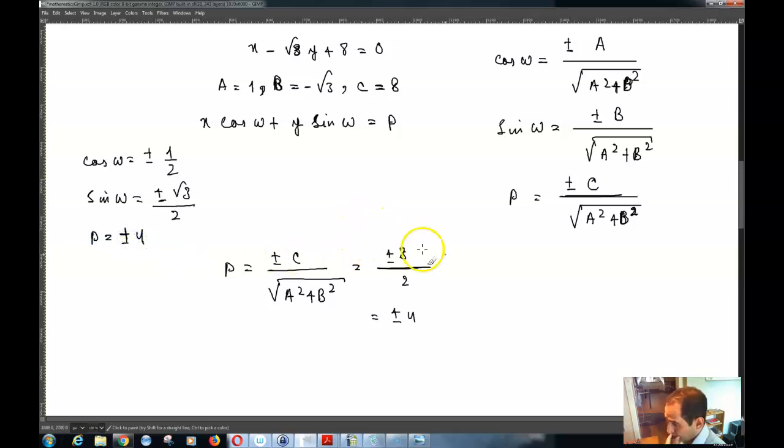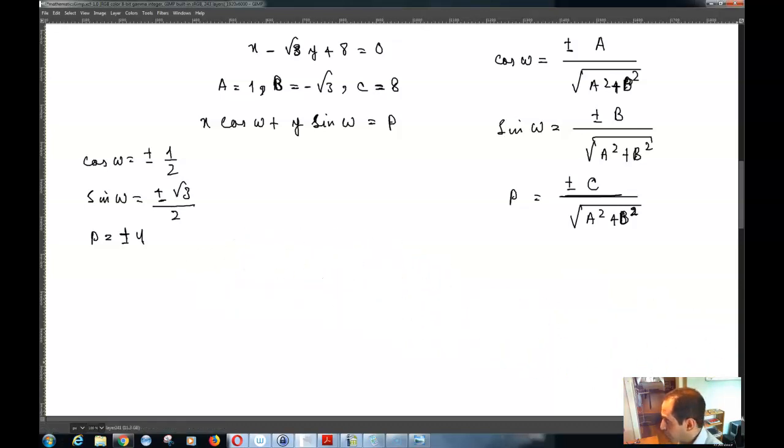So now what you can do is put these numbers over here, meaning that you can write x times cos omega.